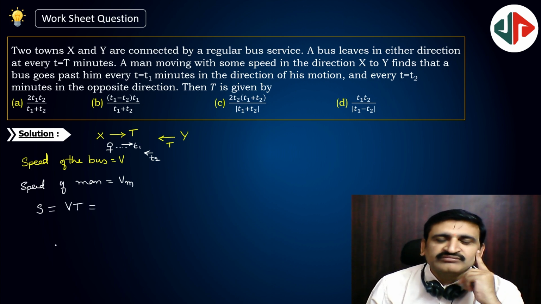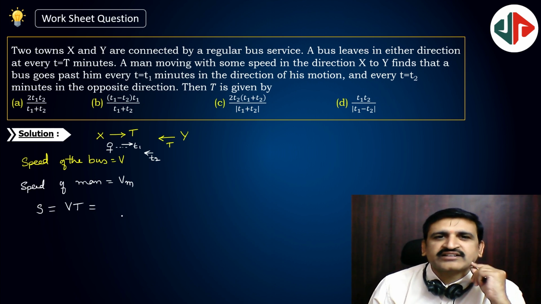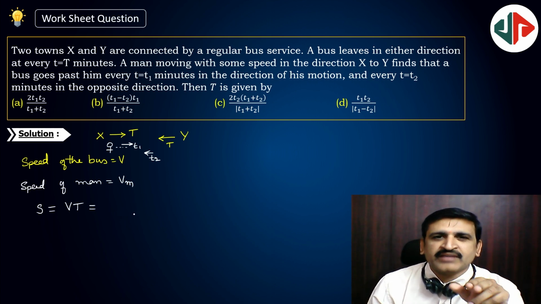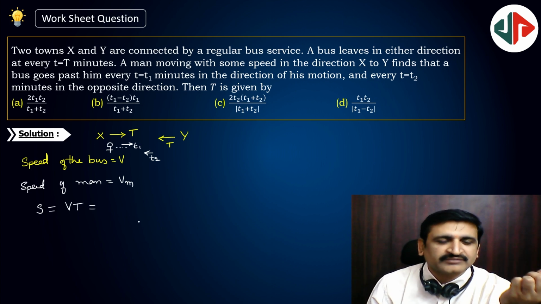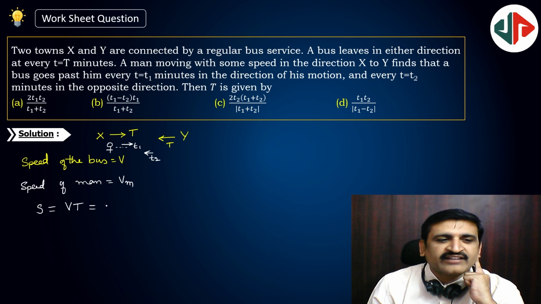Now this distance is nothing but the distance covered with the relative velocity of the man in a time interval of t1, because after every t1 he is getting another bus. So I can write (V minus Vm) into t1.